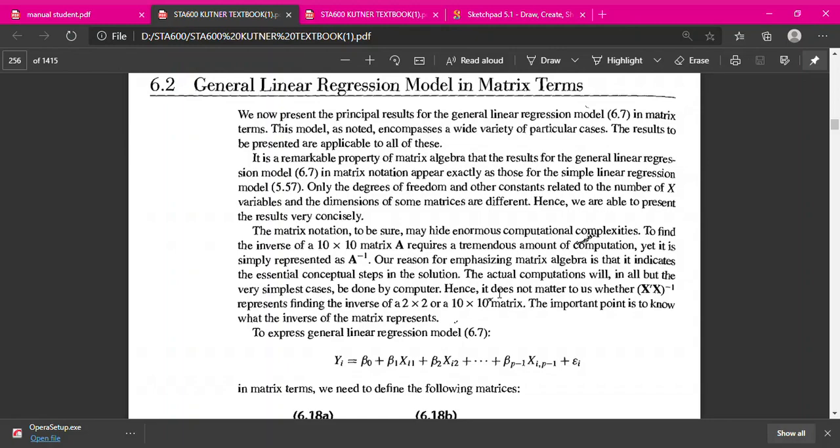Okay, as you know, if we have one dependent variable y and several independent variables x, then we can do the multiple linear regression if it's necessary, and if the assumptions are fulfilled.